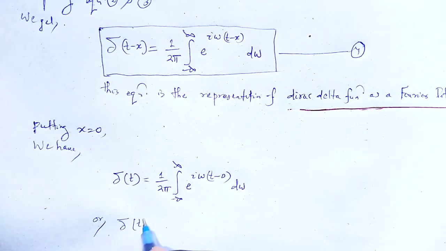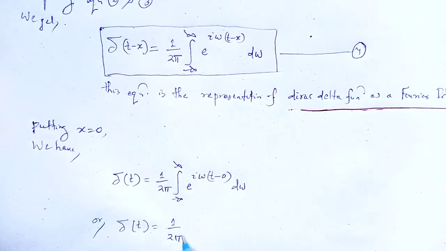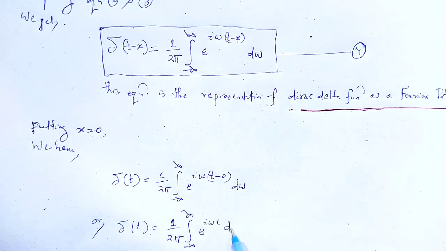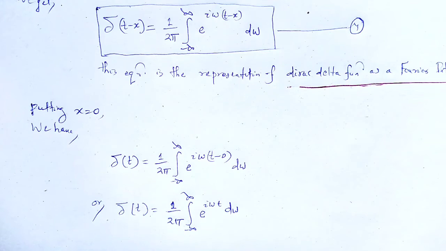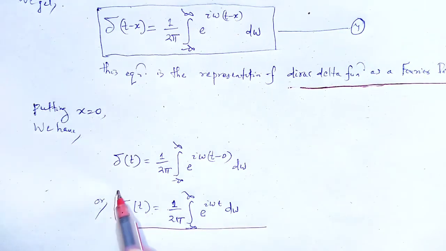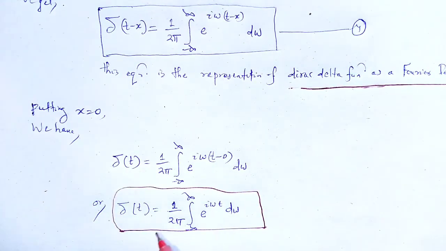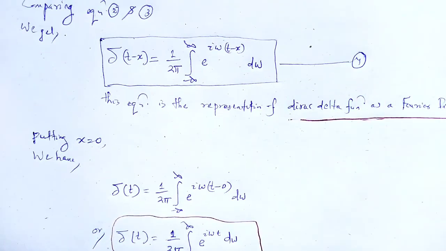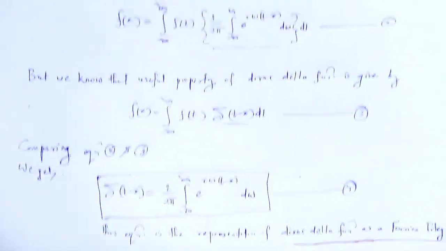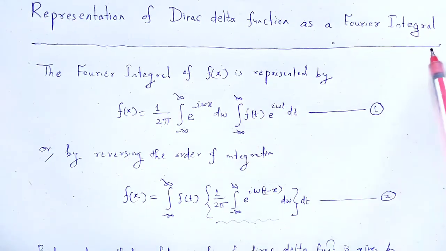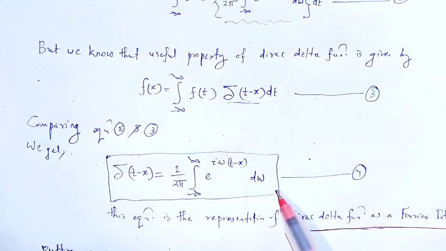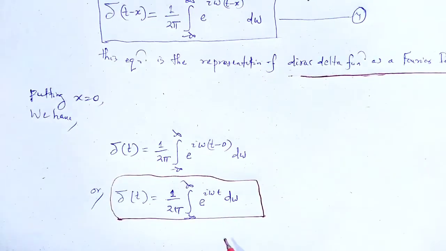So, delta of t is equal to 1 divided by 2 pi integration over minus infinity to plus infinity e to the power i omega t d omega. In this way, we represent Dirac delta function as a Fourier integral.